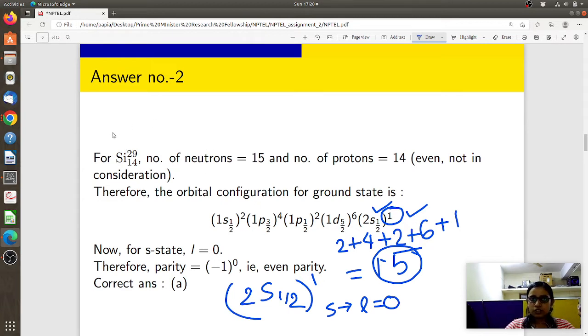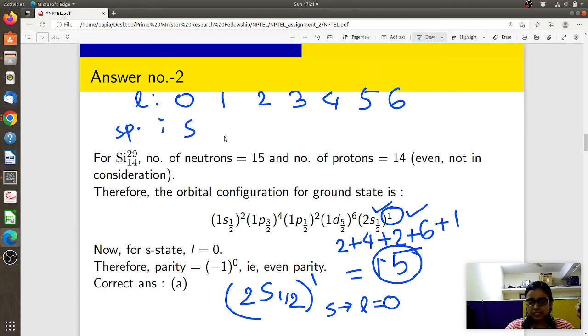As we all know, for l equals 0, 1, 2, 3, 4, 5, 6 and so on, the specification will be s, p, d, f, g, h, i and so on.